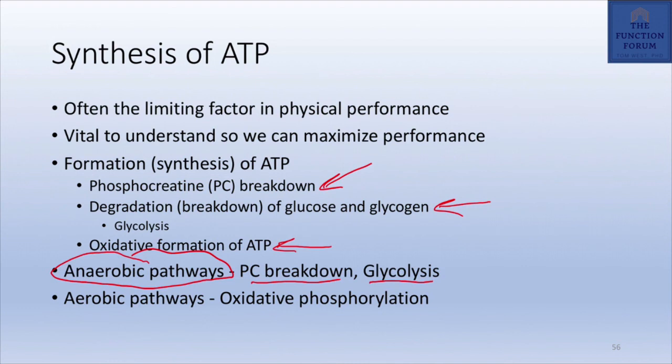So they do not rely on the ability to deliver oxygen to working muscle. The aerobic pathways are going to rely on the presence of oxygen. And there is some oxygen already stored attached to myoglobin in skeletal muscle, but we also can obviously deliver oxygen by breathing and so on. And again, the aerobic pathways are going to be oxidative phosphorylation, which we'll go over in future slides.